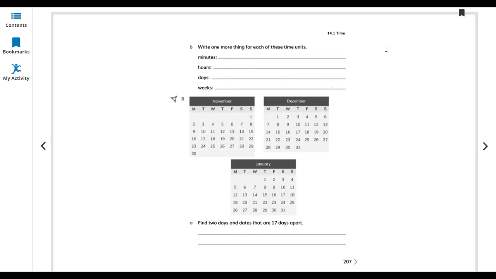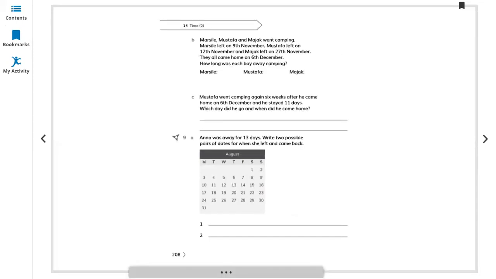Question number 9, page number 208. Leave it the same as the previous. Anna was away for 13 days. Write two possible pairs of dates for when she left and came back.